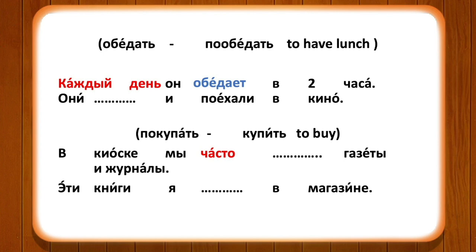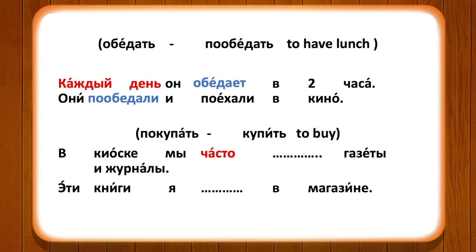Here you will be using the past tense form of the verb пообедать because the second verb поехали already indicates that the action had already taken place, and you will put the past tense form according to the pronoun они, which is plural. So они пообедали и поехали в кино. They had their lunch, and they went to the theatre or cinema hall.